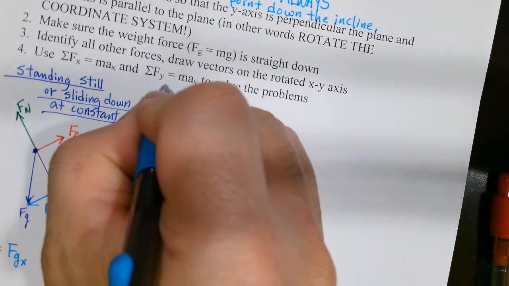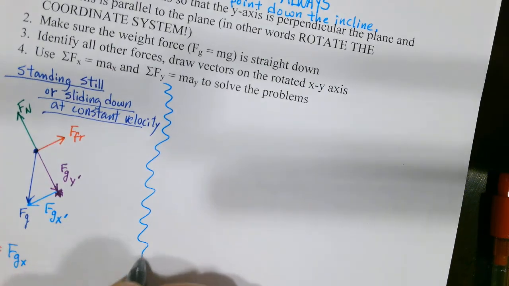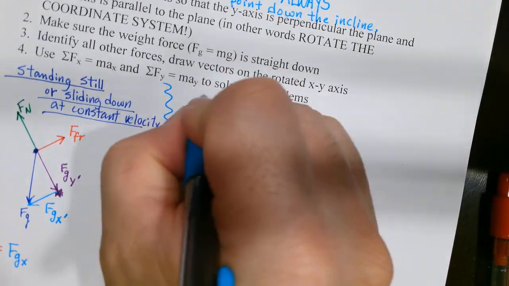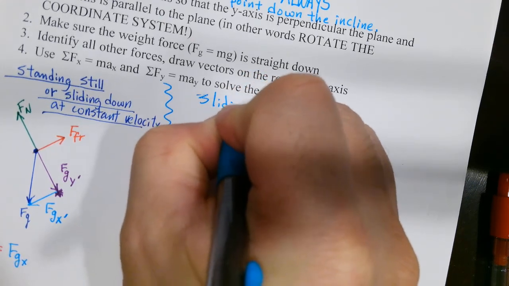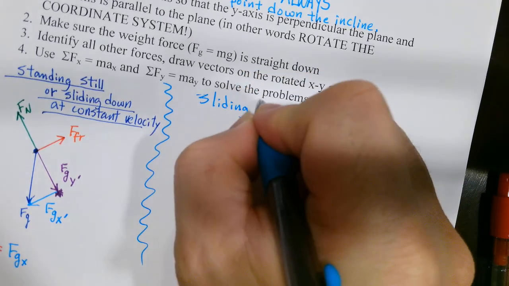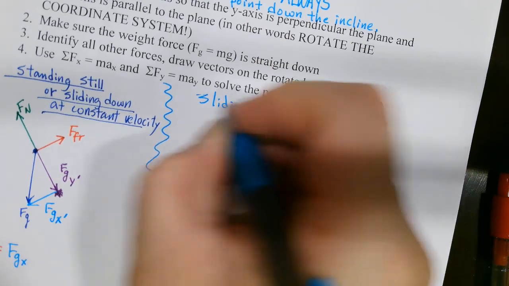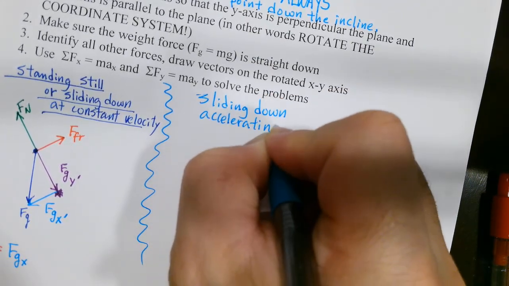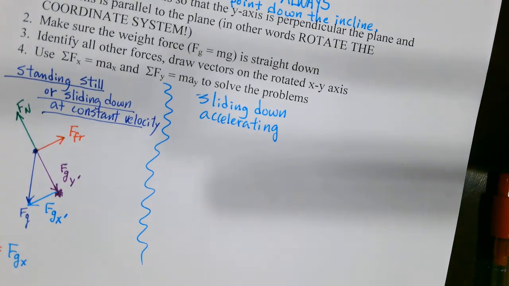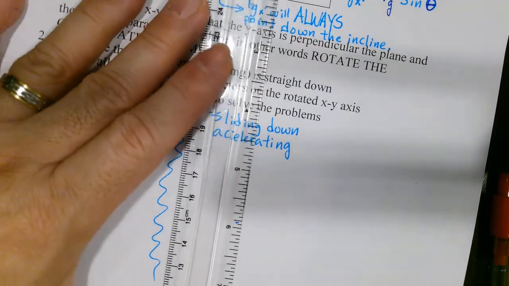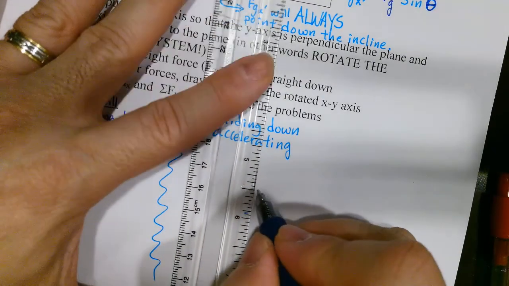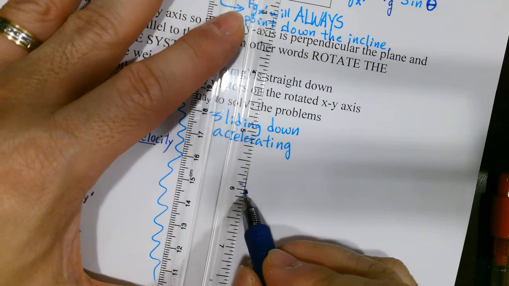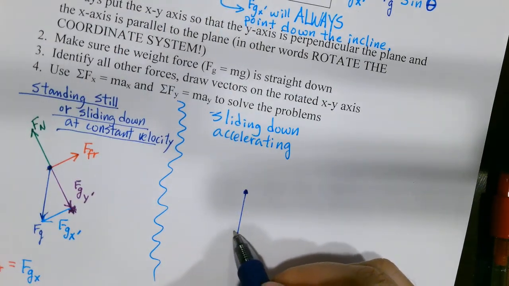So the next one is going to be sliding down, accelerating, okay? For sliding down, accelerating, here again is your mass, and this will go down as your FG.